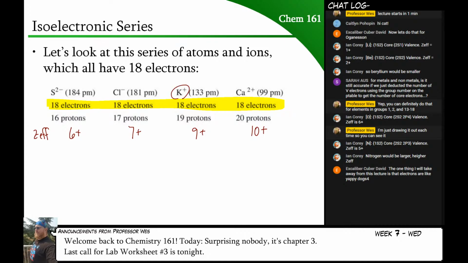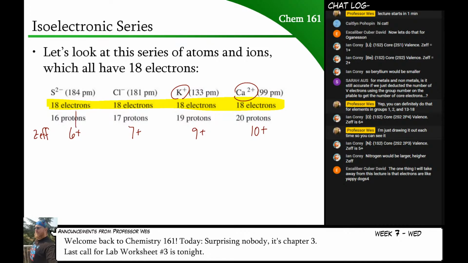Remember that for things like potassium and calcium, Z effective is way higher because normally it'd be 1 or 2, but then I strip away the entire valence layer by removing those electrons. The next one down becomes the valence layer, and that's how you get these calculations.